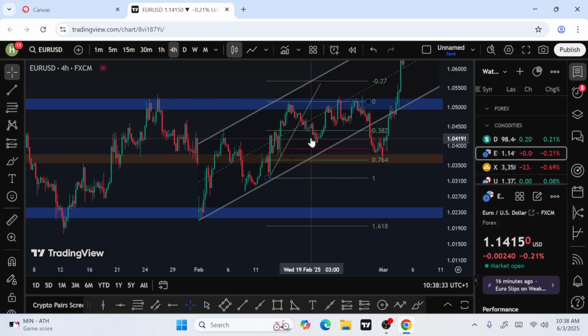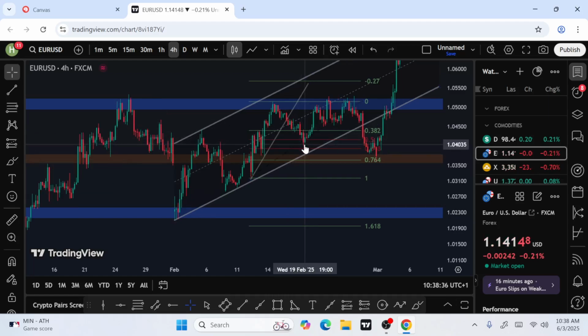So what pattern can you see here? Market came down to this place, then a green candle. Then can you see this? One, two, three, three white soldiers.